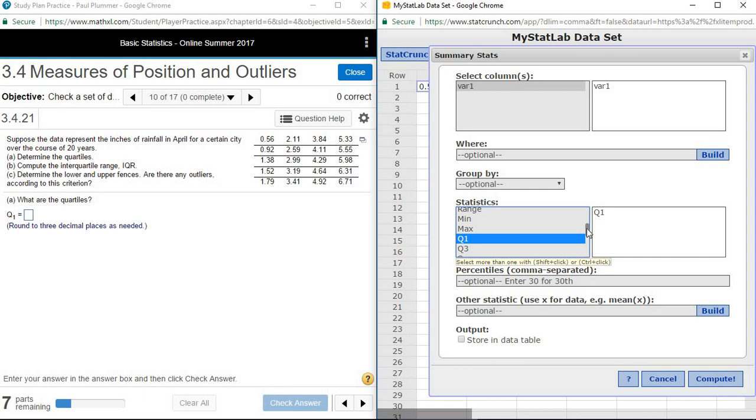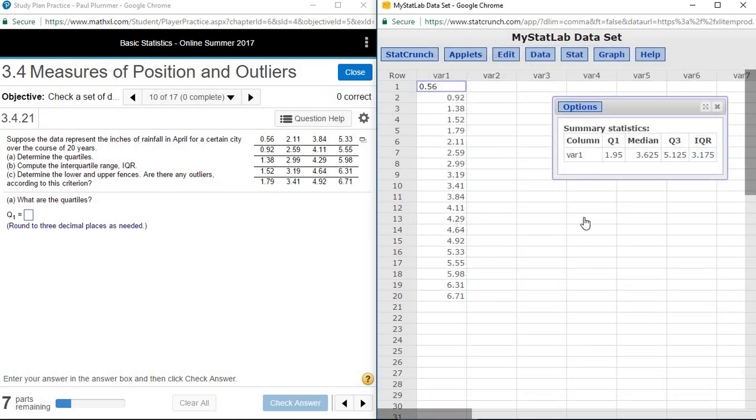The second quartile is actually the median that we calculated, one of our measures of central tendency. And then the third quartile is Q3. Remember, we can select all of those by holding Control after we've selected the first one. It's also asking for interquartile range, so I'm going to go ahead and click on IQR. You can then press Compute.